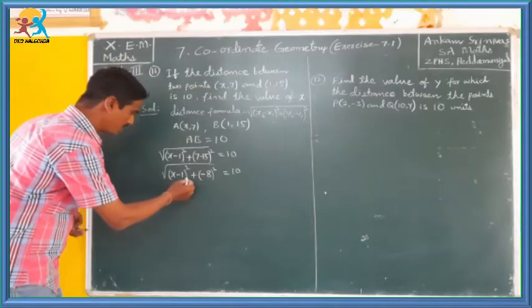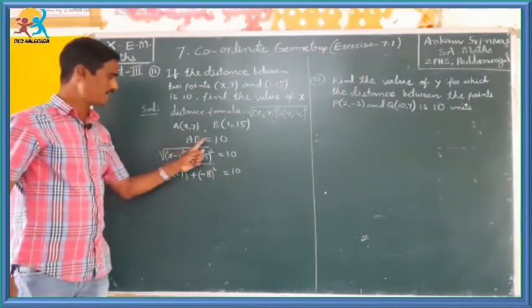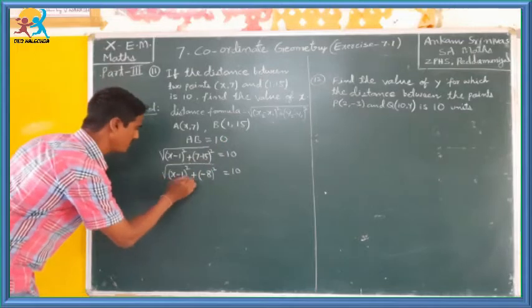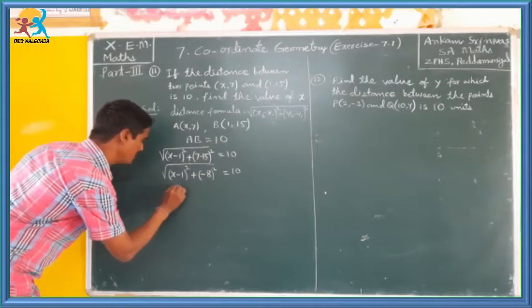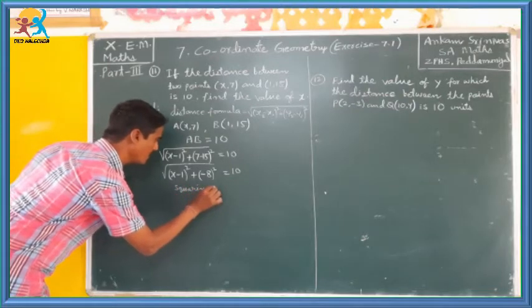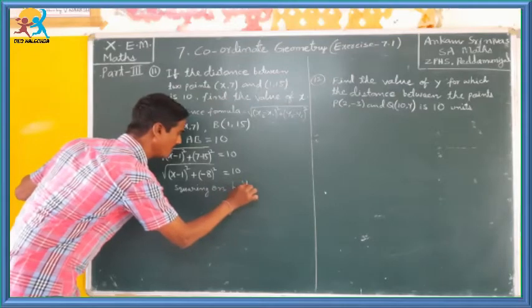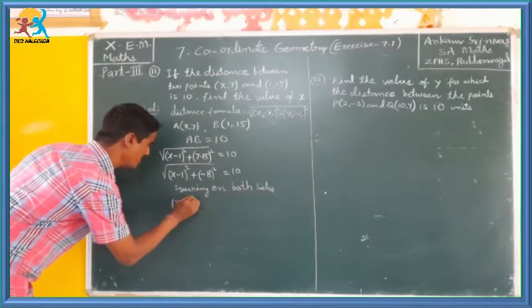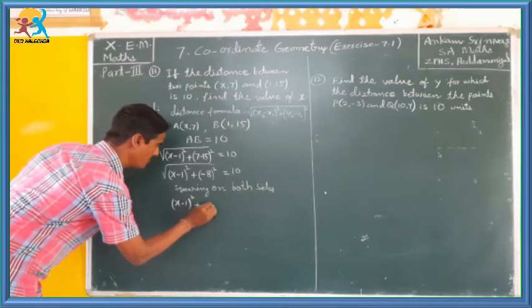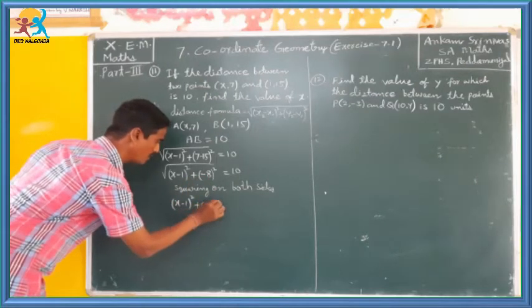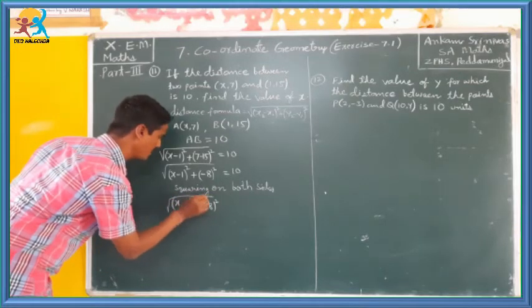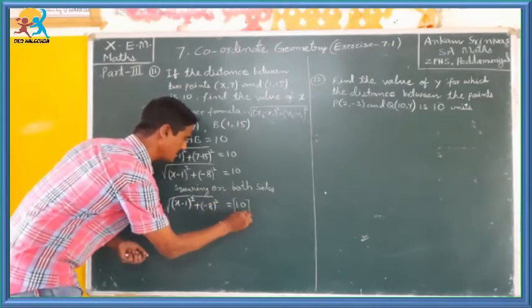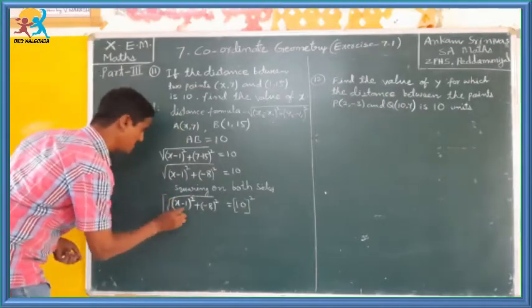Now squaring on both sides, here AB equal to 10, AB square will be 100. Squaring both sides, the right side and left side also.